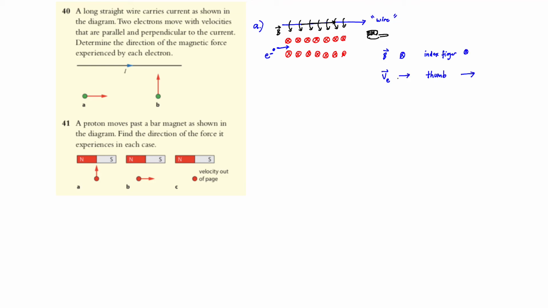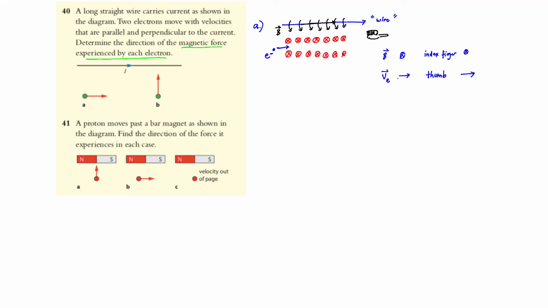Now, this time we are asked for the magnetic force. Try to use your right hand rule. If you use your right hand rule, with the thumb, go ahead and try it.